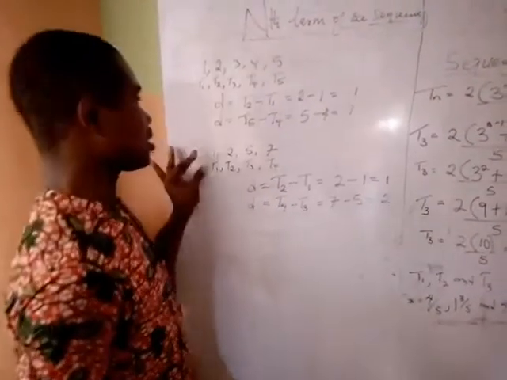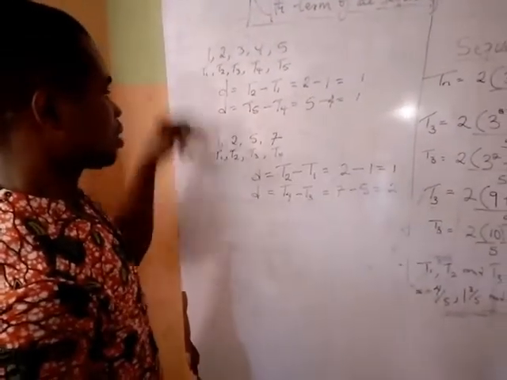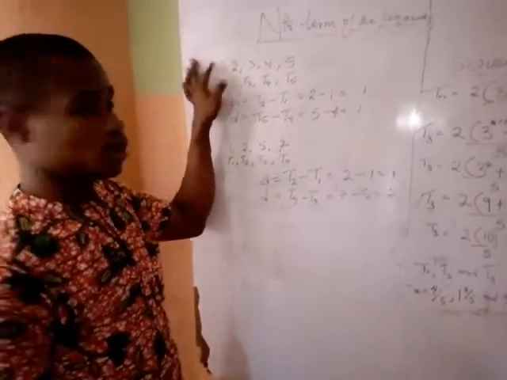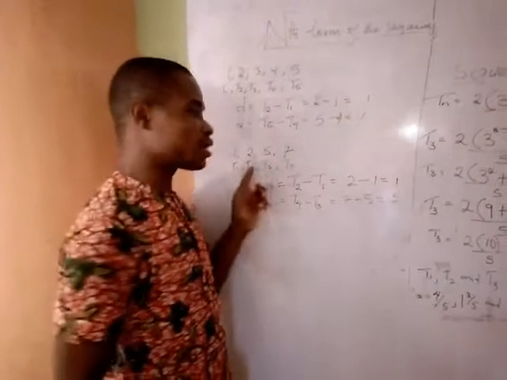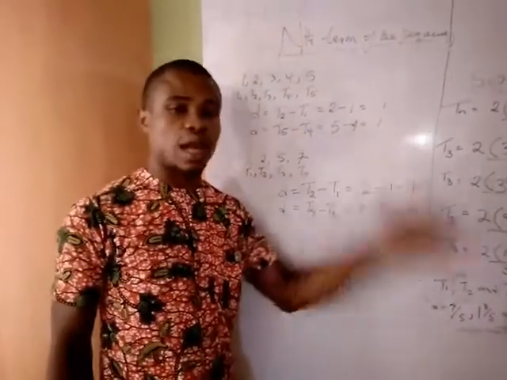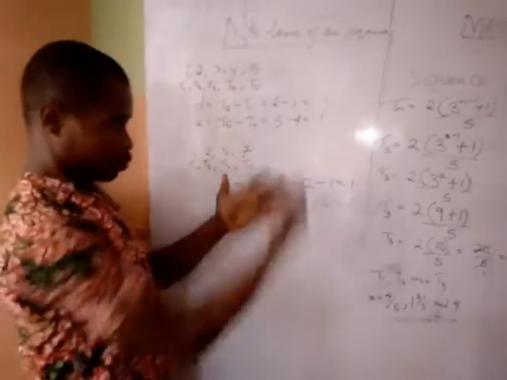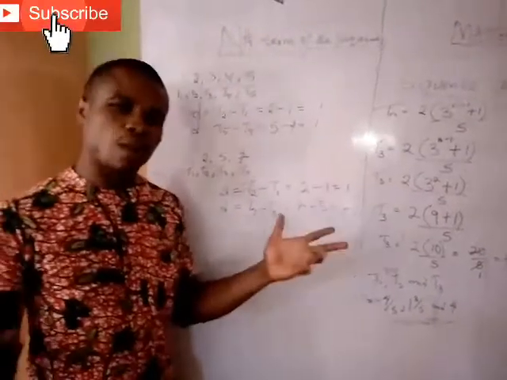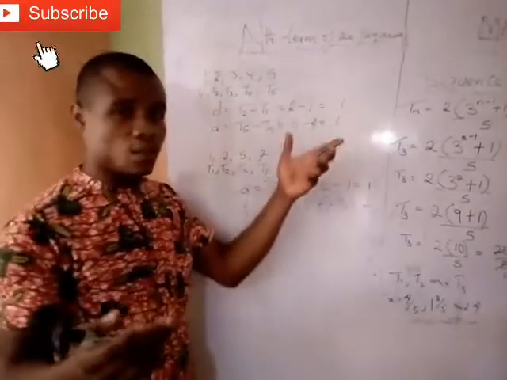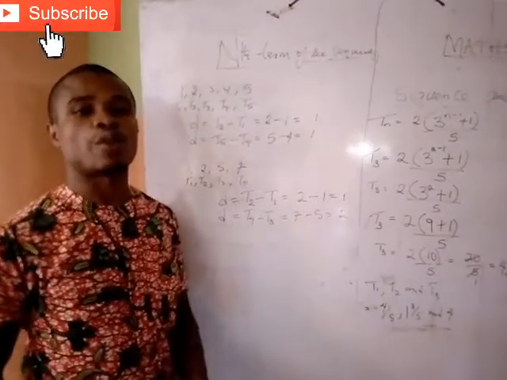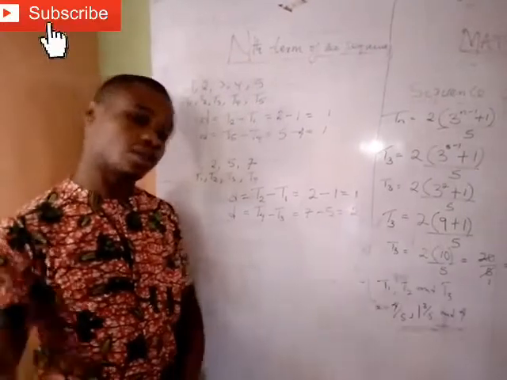So this sequence is different, separate from the first sequence. The first sequence has a common difference, while in the second sequence, the differences are not the same. So in our next class, we are going to look into how to find the nth term of a sequence with common difference and without common difference. Thank you for watching. See you next time.